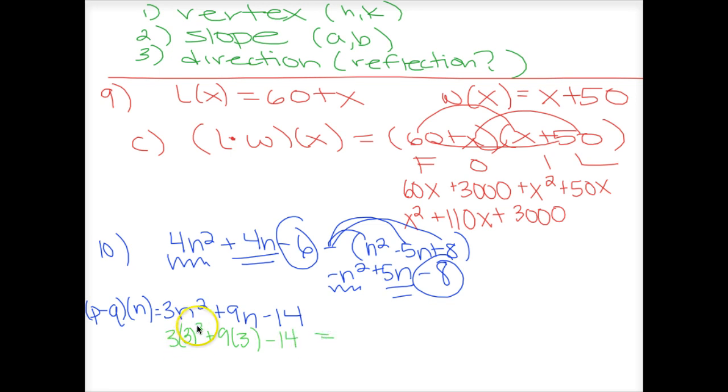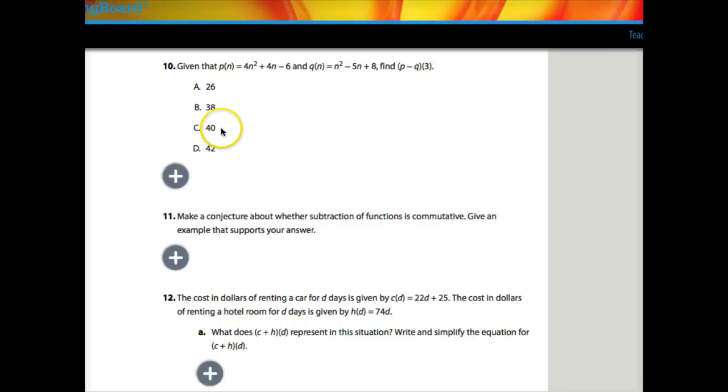So order of operations, 3 squared first is 9. 9 times 3 is 27. 9 times 3 still 27. Minus 14. Addition and subtraction we do from left to right. So 27 plus 27, then minus 14, which gives us a total of 40. And so then there, that was answer C for number 10.